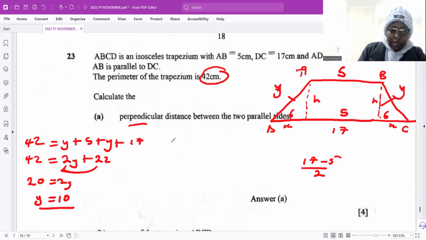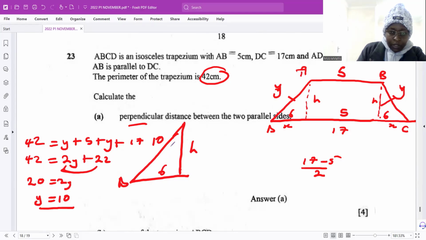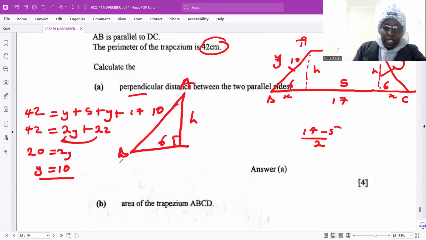So when it's a 10, I have a triangle like this. This is our h, this is 6, this is my 10. I'm taking the D, A side here. So this is a 10 here on the diagram, and this is a right angle triangle. I can find h and say h squared is equal to 10 squared minus 6 squared.